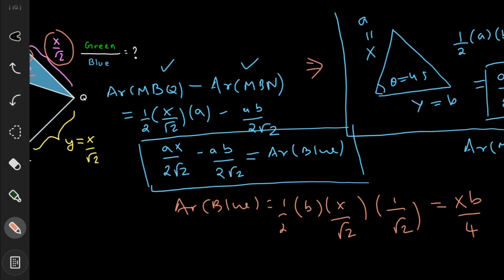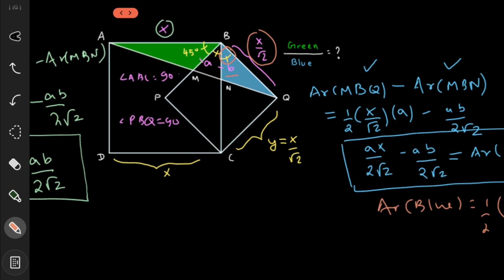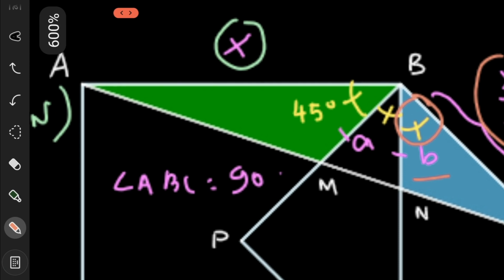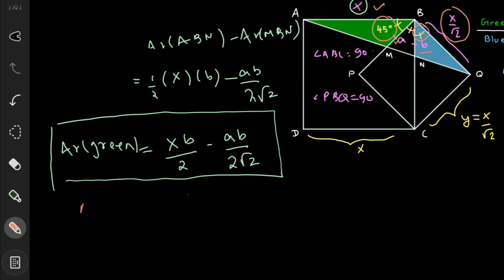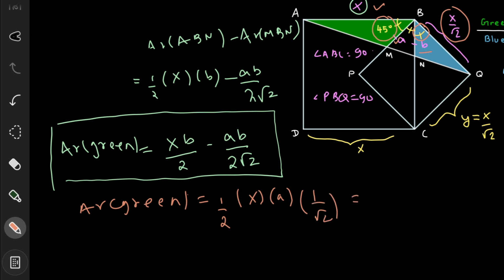Now similarly we can get the area of the green triangle also, because the central angle in green triangle is also 45 degrees. The area of the green triangle would be equal to 1 by 2 the product of the adjacent sides, so X into A into sine of 45 degrees, that is 1 upon square root of 2. So this thing is A into X upon 2 square root of 2.